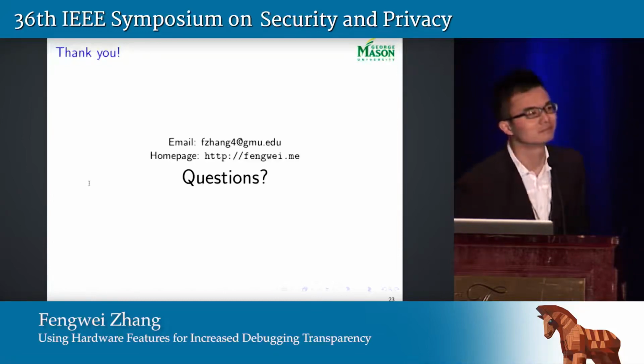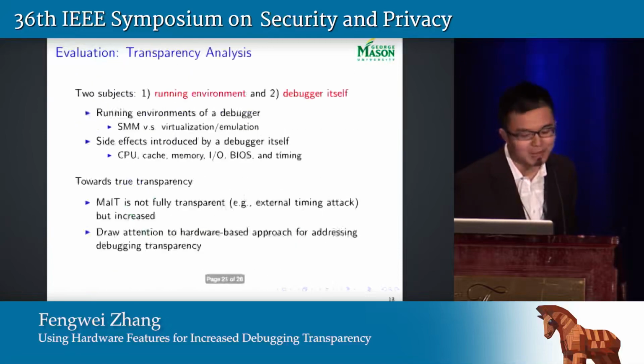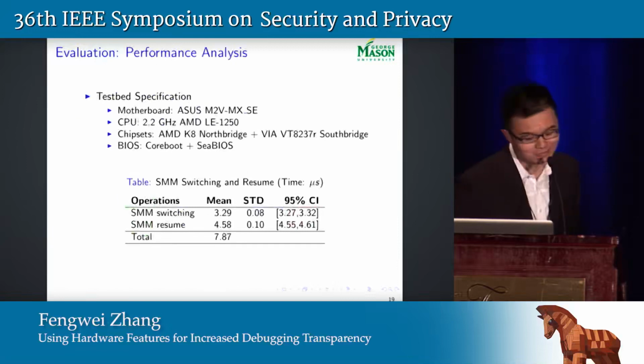Yes, you're right. As I showed in the slides, there are 2 performance evaluations. One is the SMM switching time, and as I showed in the slides, let me go back to the slides. In the performance, SMM switching time is pretty low. Each switching only takes about 8 microseconds.